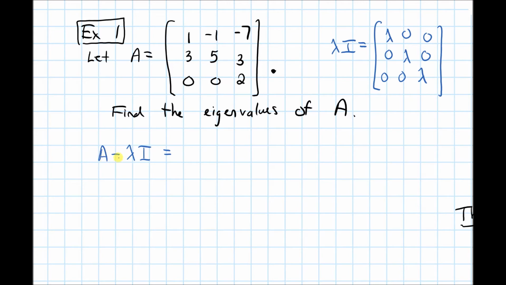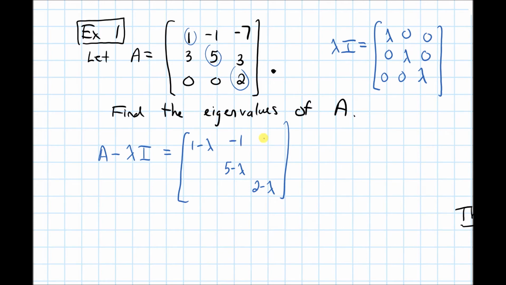Okay, so if I do A minus that matrix lambda I, each of these diagonal entries, the 1, the 5, and the 2, all get subtracted by lambda. So I'll get 1 minus lambda, 5 minus lambda, and 2 minus lambda. But then all the other entries get subtracted by 0, so they don't change.